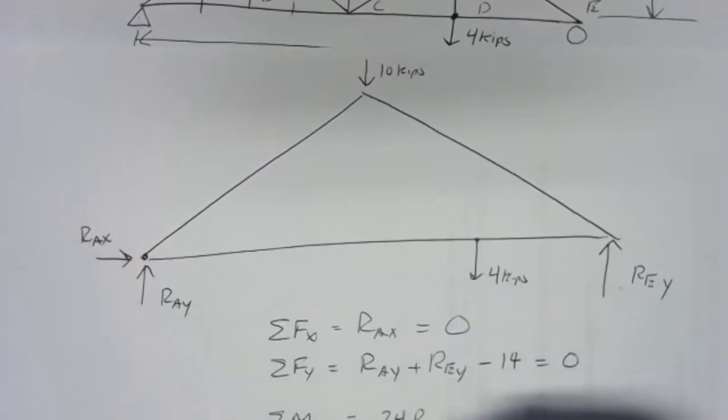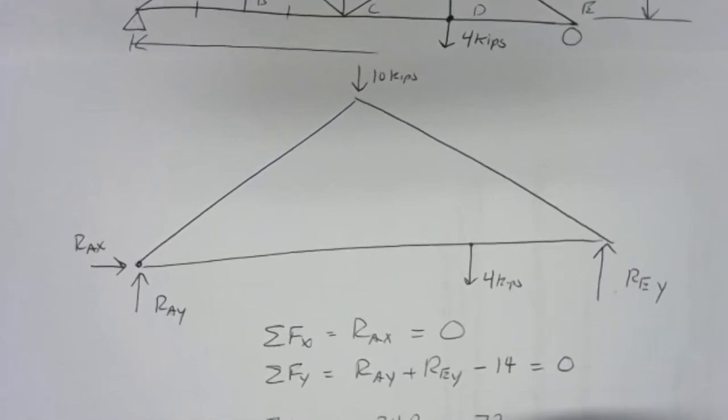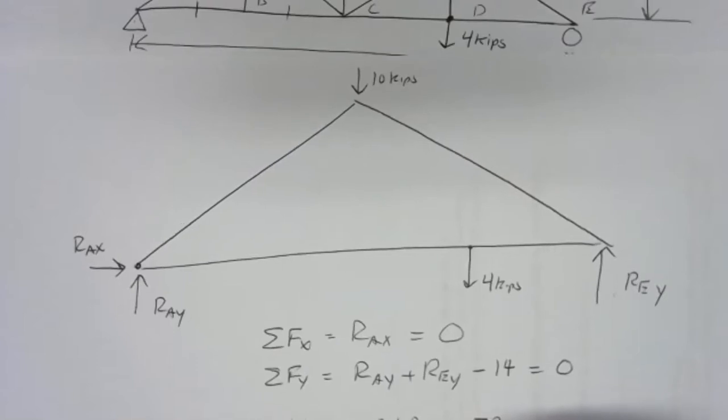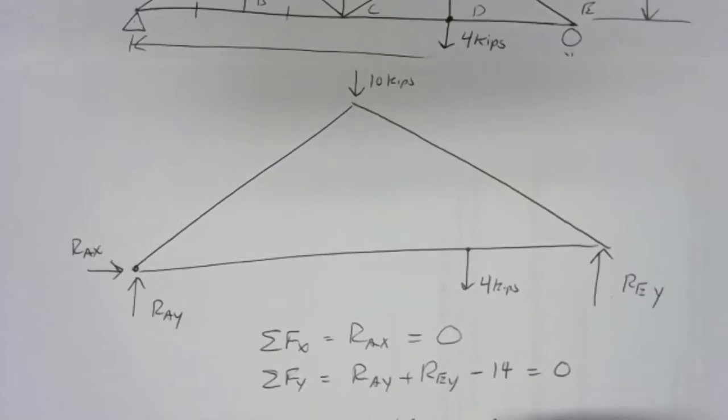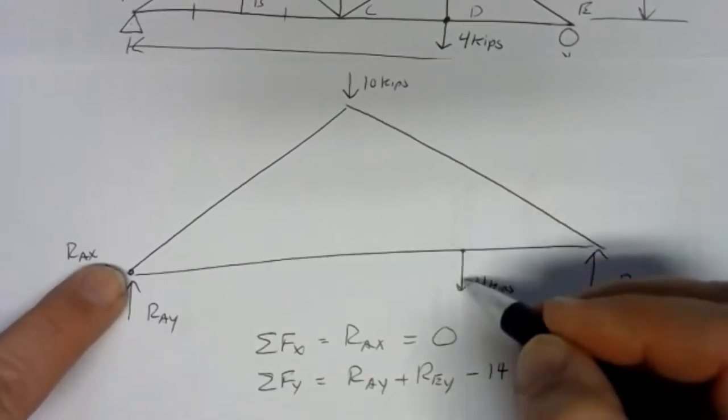So we've got 4 times 18. And that should be, what, 72? I'm not trusting my mental math right now, but yeah, 72.